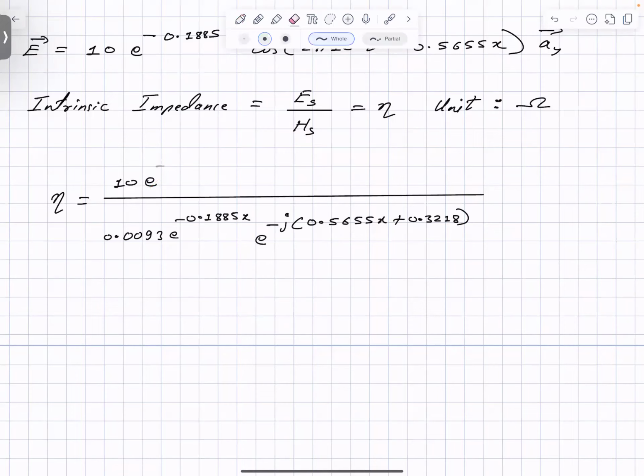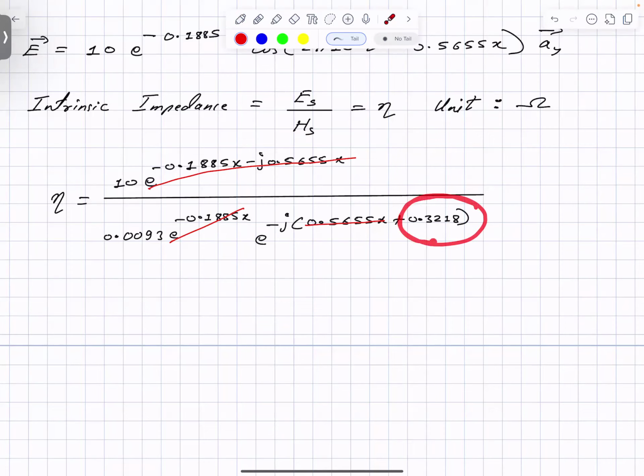All right, so let me expand this. So what we have here is e to the minus 0.1885x minus j 0.5655x. So the parts that will cancel are, so this entire part, right? This part cancels and this cancels, but this part does not. The magnetic field has additional phase that will stay there. So we are going to get a complex number here.